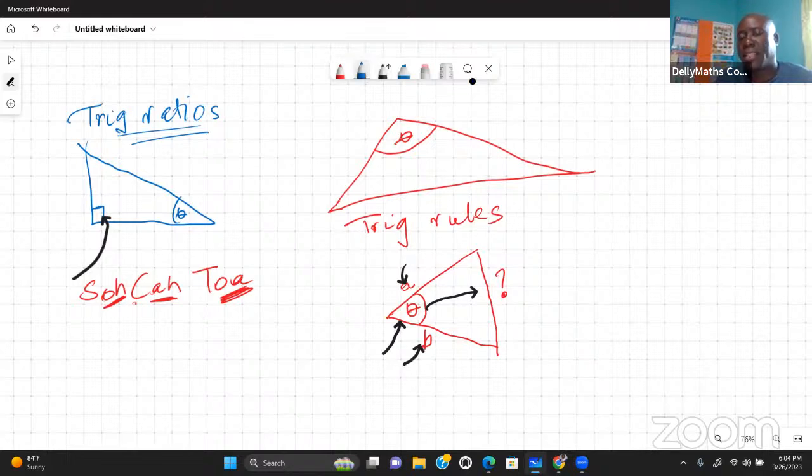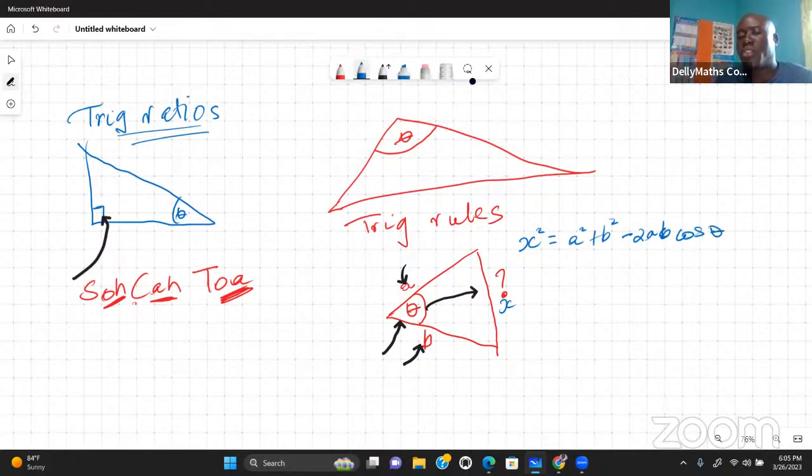Let us say we call that side x. It is said that x squared is equal to a squared plus b squared minus 2ab times the cosine of the angle between those two sides.